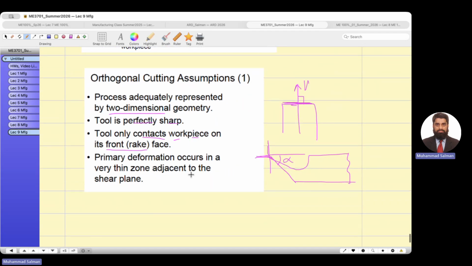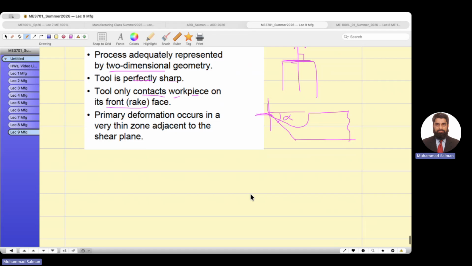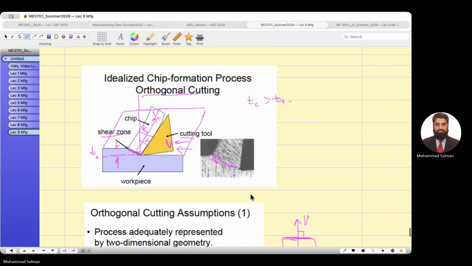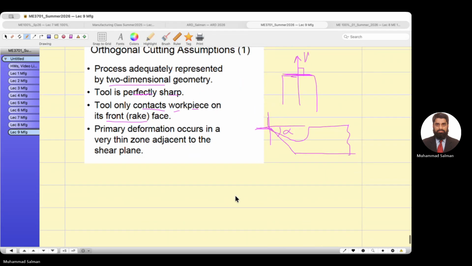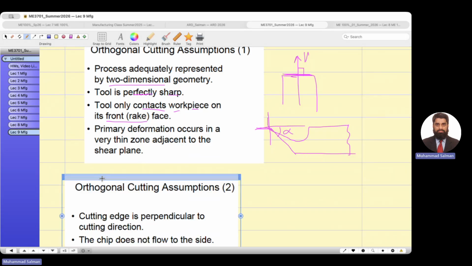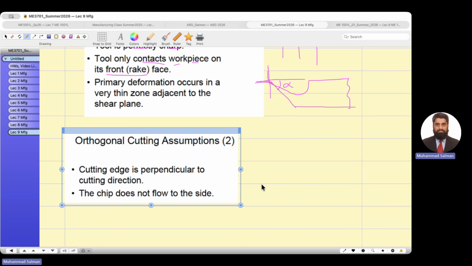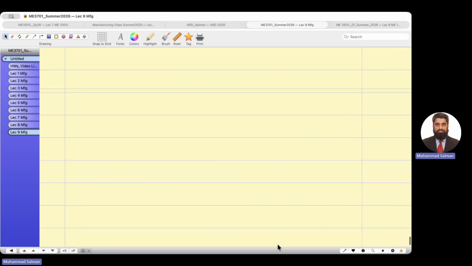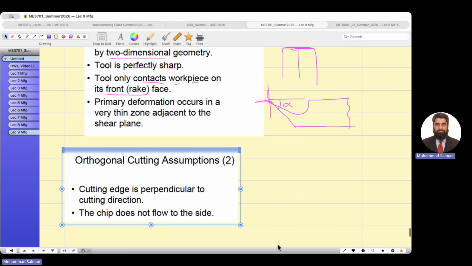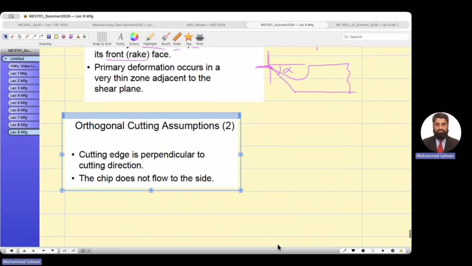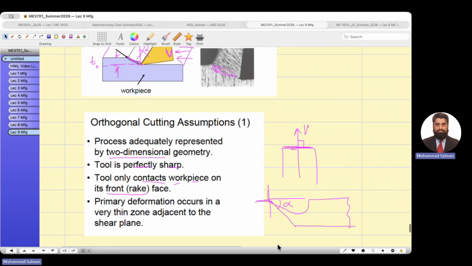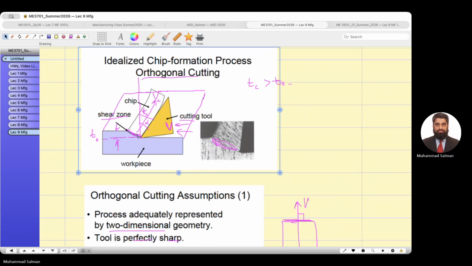Primary deformation occurs in a very thin zone adjacent to the shear plane. The cutting edge is perpendicular to the cutting direction. The chip does not flow to the side. What I mean by that is that it goes directly above the rake face.